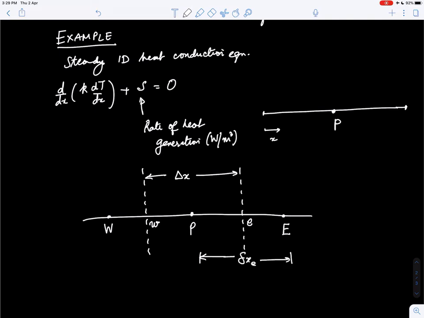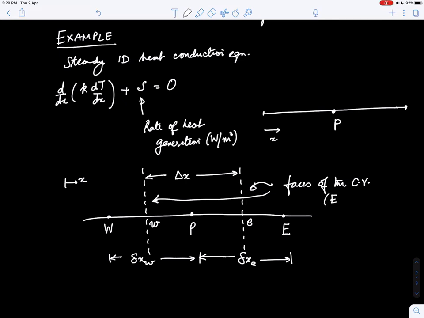That terminology is based on delta x with a small subscript e, which means the distance on the right, and this would be delta x small w. We assume that of course x is this way. These dashed lines, these two lines, are actually faces of the control volume. For now their exact locations are not very important.